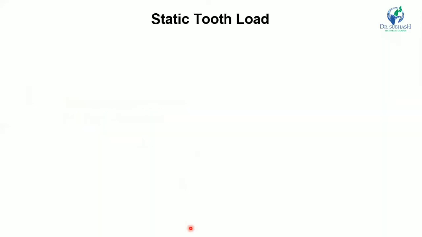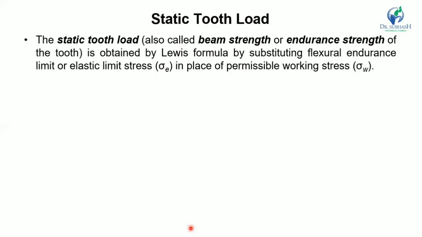Now let us see the static tooth load. The static tooth load, also called the beam strength or the endurance strength of the tooth, is obtained by the Lewis formula by substituting the flexural endurance limit or the elastic limit stress sigma E in place of the permissible working stress.